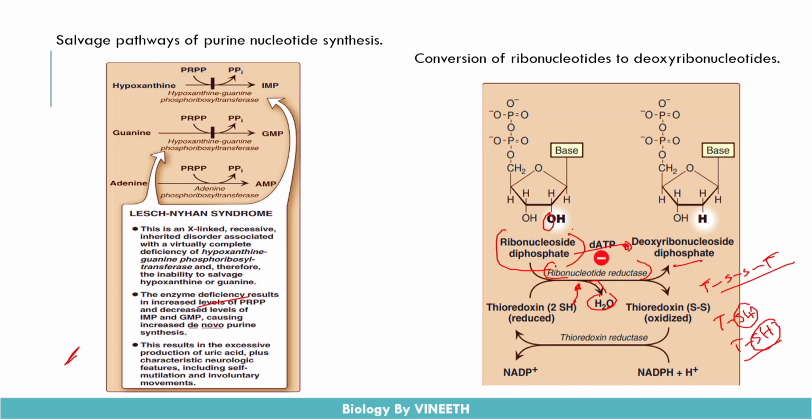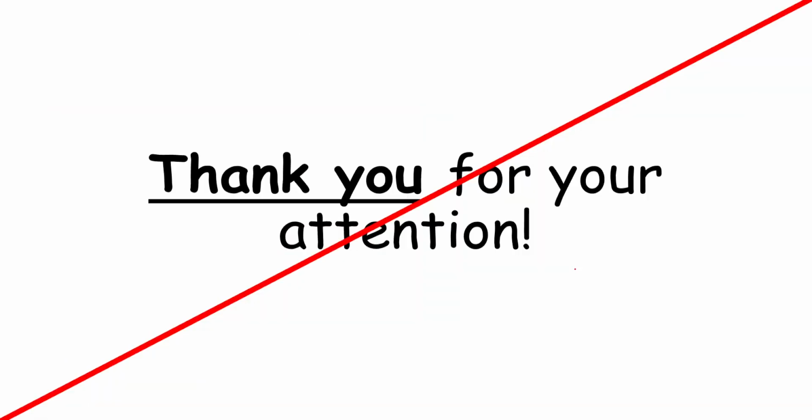In the water molecule, the two hydrogens come from the thioredoxin system and the oxygen comes from the ribonucleoside diphosphate. This is how you convert ribonucleoside phosphates to deoxyribonucleoside phosphates. So this is the entire biosynthesis of the nucleotides, purines and pyrimidines.